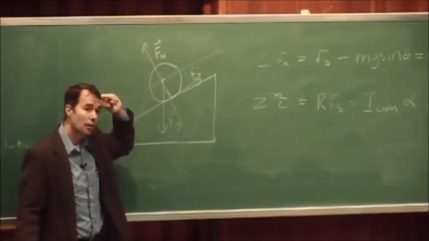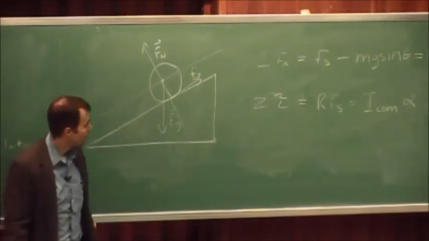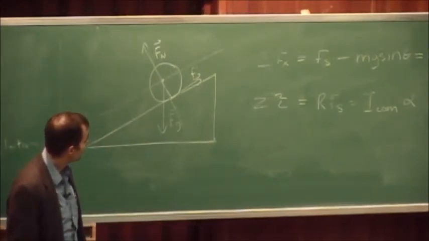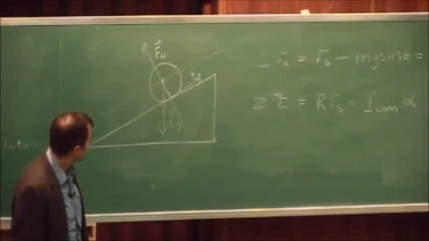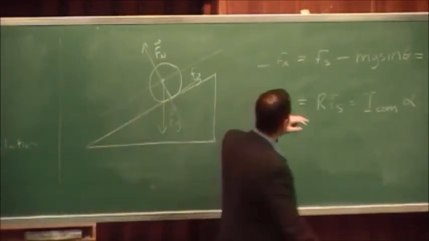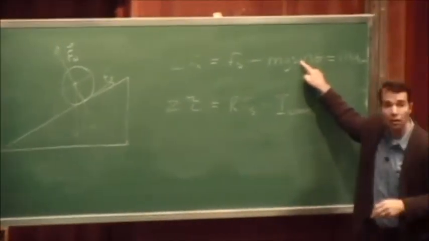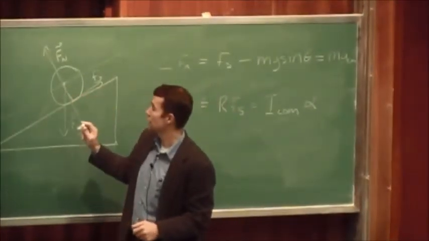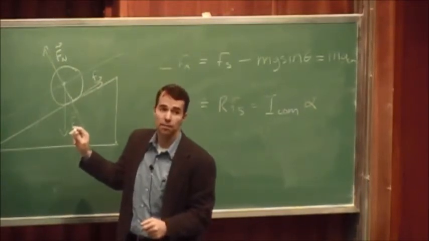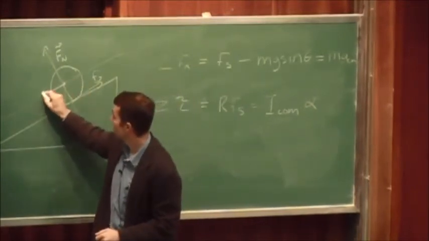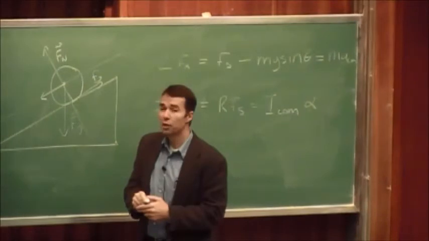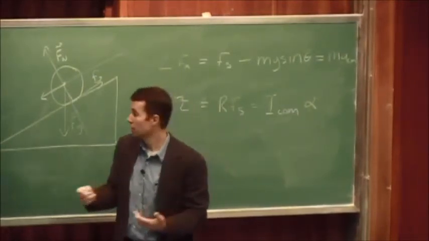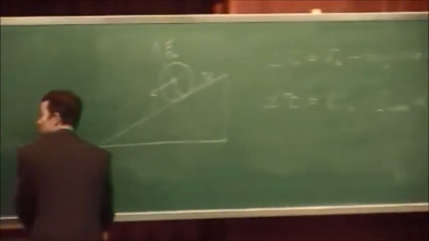Yes? Why isn't the x component of your gravitational force calculated in your torque? So why isn't mg sine theta included? Okay, good question. Where is mg sine theta acting? It's acting this way, right? Now, torque, if we recall, let me just draw it up here.